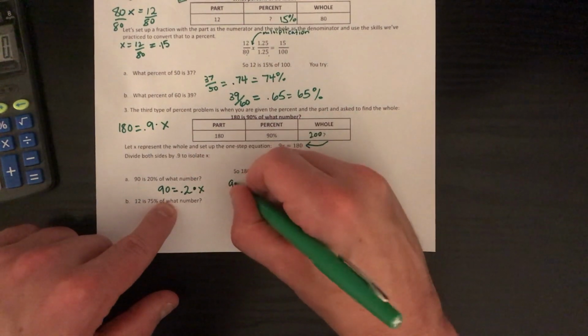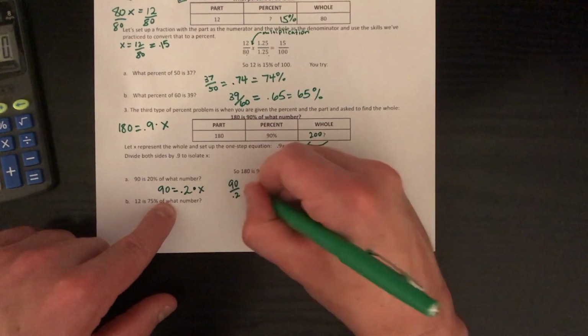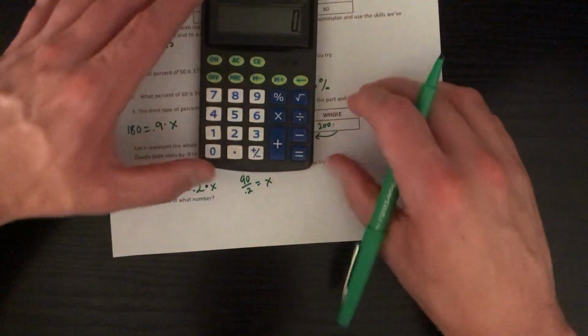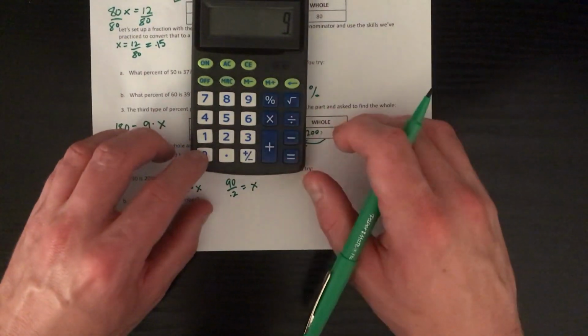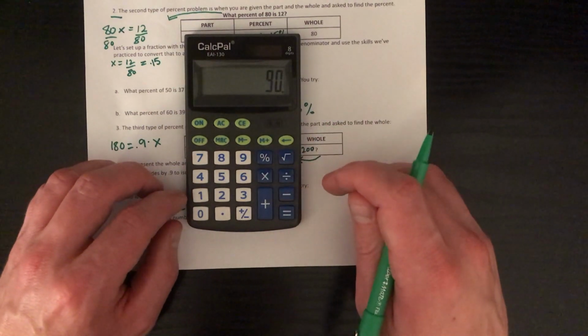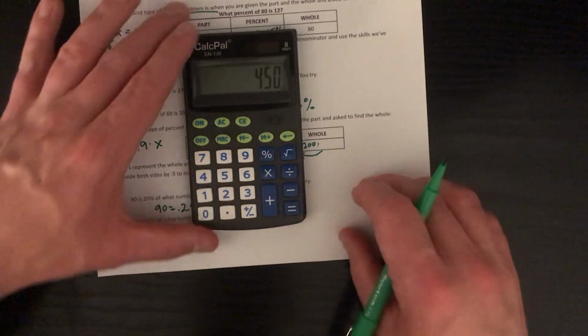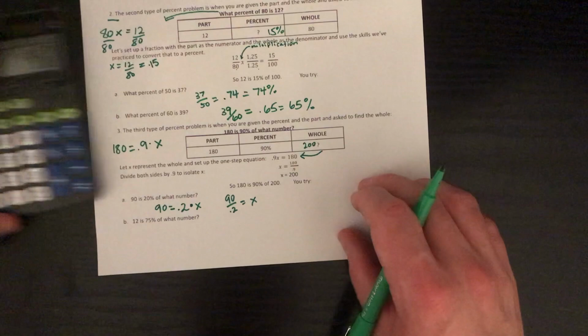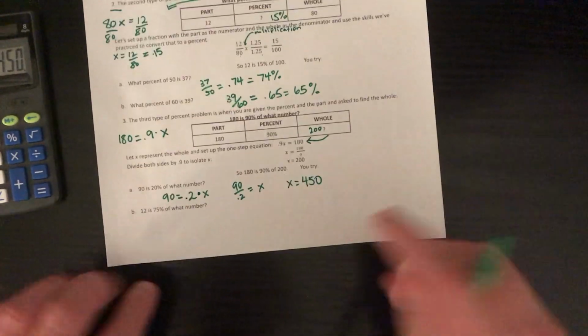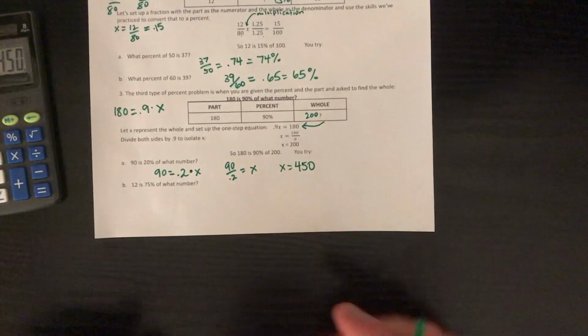So I get 90 divided by 0.2 equals x. And this is going to give me a big number, way bigger than 90. I think it's 450. 90 divided by 0.2 equals, yep, 450 is the whole in this case. So x equals 450.